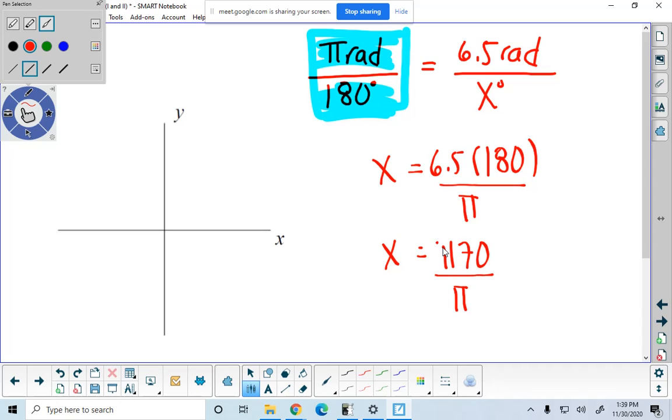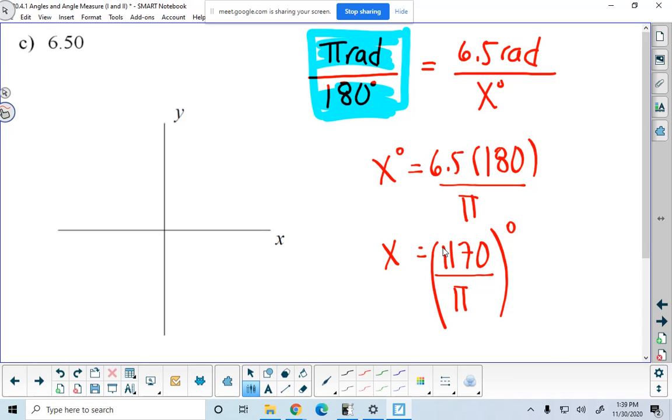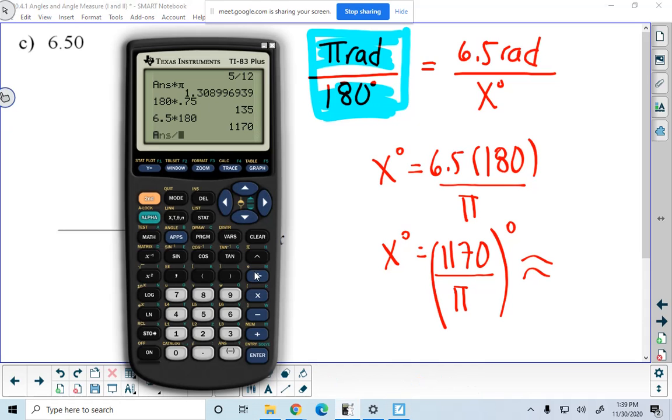So, this is weird. You actually have an angle in degrees, don't forget this was x degrees, that has reference to pi in it. And you could certainly calculate what this is approximately equal to by taking 1170 dividing by pi. It's about 372 degrees.